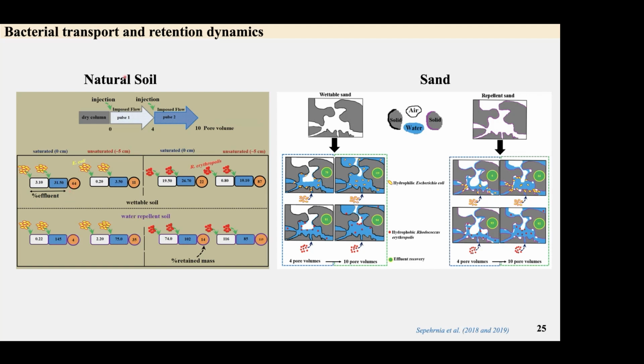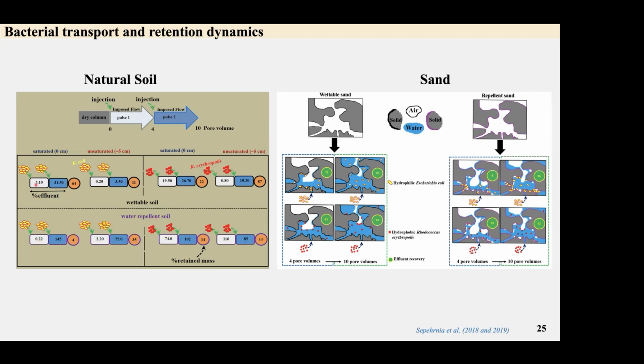So here we have natural soil. We see that in the first pulse, when the columns were dry, only 3% of E. coli was transported under saturated condition, when the soil was wettable. But it was very interesting that less than 1% of E. coli was transported in water-bearing soil.